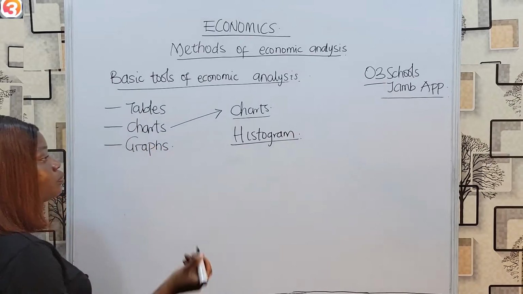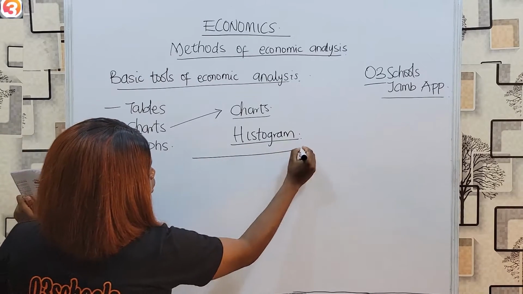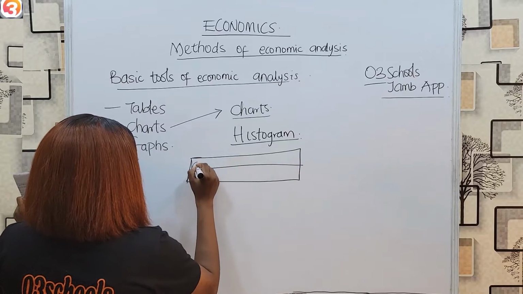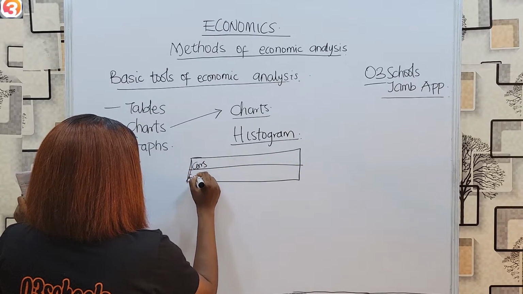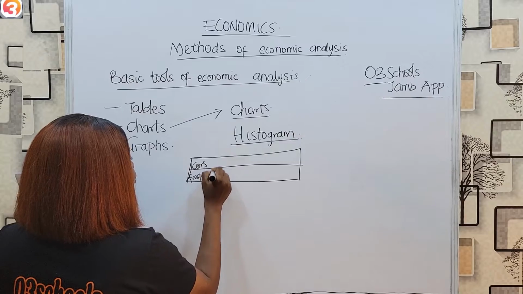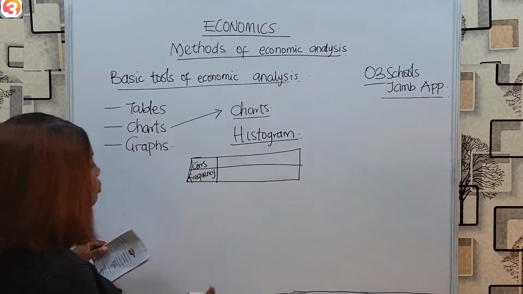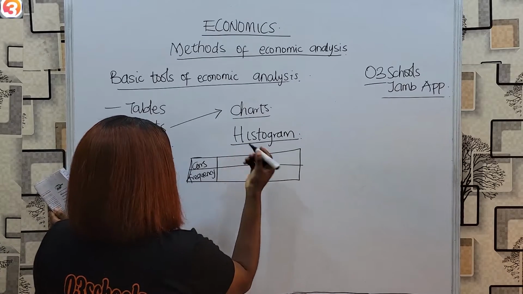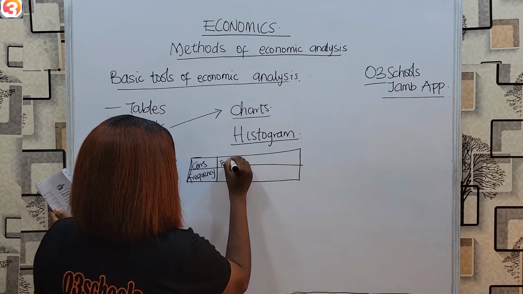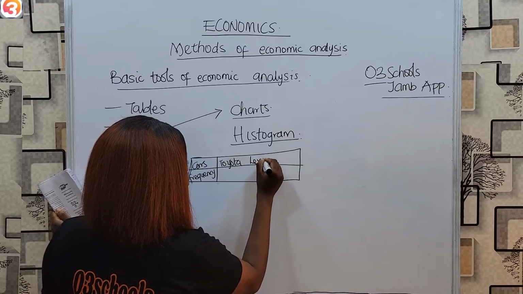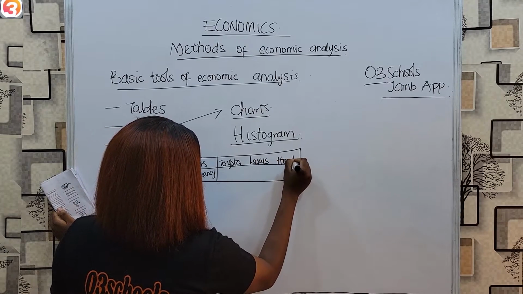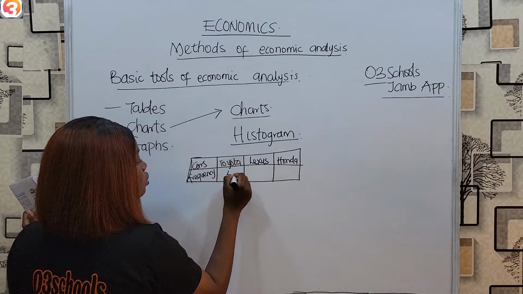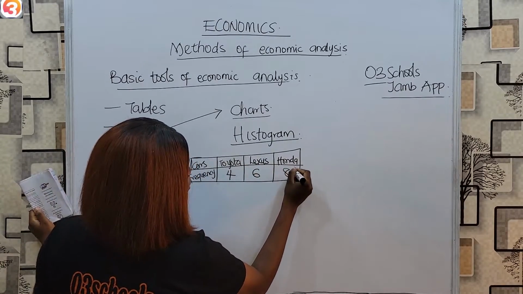For example, using the table I gave earlier, where we have size and frequency. Don't forget, frequency is the number of times an element appears in a given set of information or data. Then we have the Toyota, we have Lexus, we have Honda. 4, 6, 8.